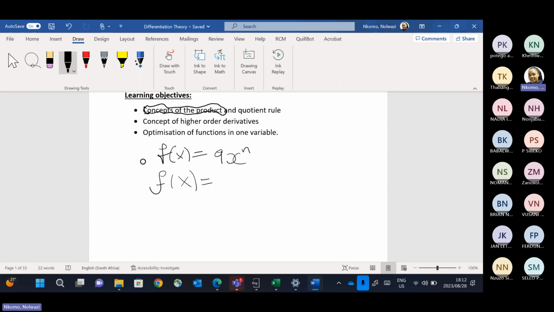First, we were given a function like this, and if we are asked to differentiate that function, then we can use the power rule. And then another function was a function of a function. I'll write f at x as h of g at x.